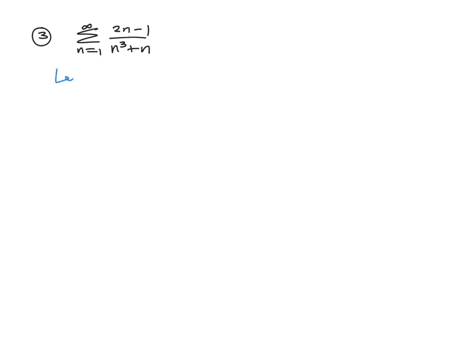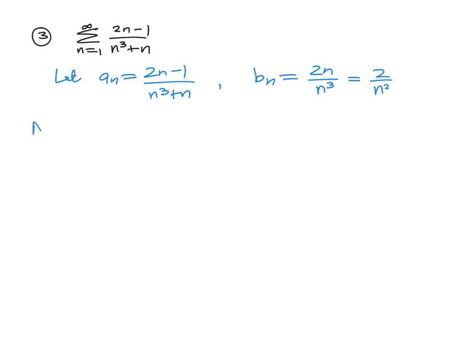So now I'm going to let a_n be 2n minus 1 over n cubed plus n. And I'm going to let b_n be, throwing out the extraneous stuff, 2n over n cubed, which is the same as 2 over n squared. Now I want to notice that n cubed plus n is greater than n cubed, and that 2n minus 1 is less than 2n for all n in Z plus.